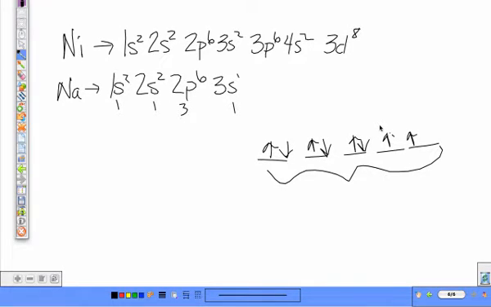So if they ask for how many are completely filled, it'd be 1, 2, 5, 6, 9, 10, 13. Yep, 13 completely filled. Two lone electrons here, no empty orbitals. And you'd have an empty one if it was like 3d3.